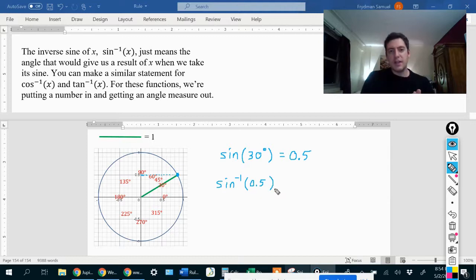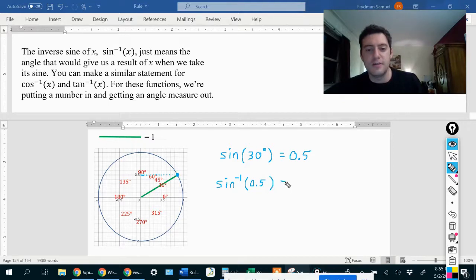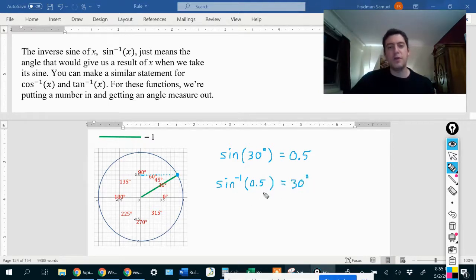Then the question I'm asking is, the sine of what angle is 0.5? Well, we just did that, so you already know the sine of 30 degrees is 0.5. So the inverse sine of 0.5 is 30 degrees.